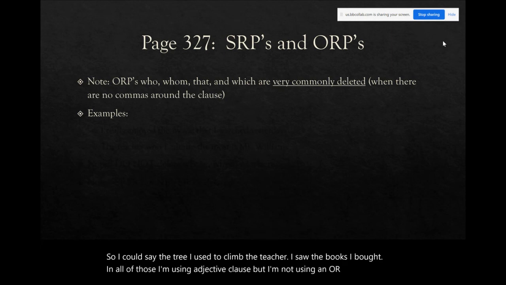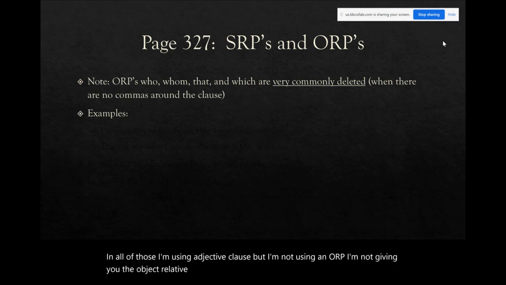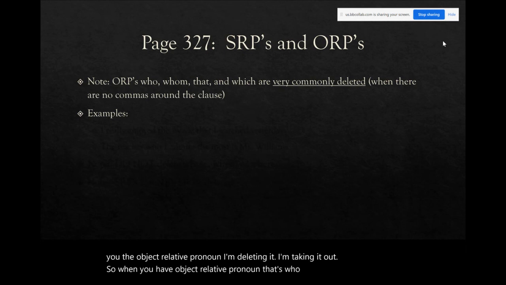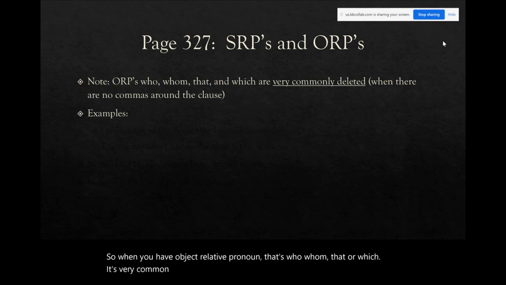I'm not giving you the object relative pronoun. I'm deleting it. I'm taking it out. So when you have object relative pronoun, that's who, that, or which, it's very common to delete it or take it out when there's no commas around the clause.